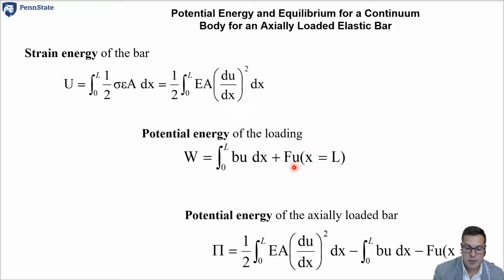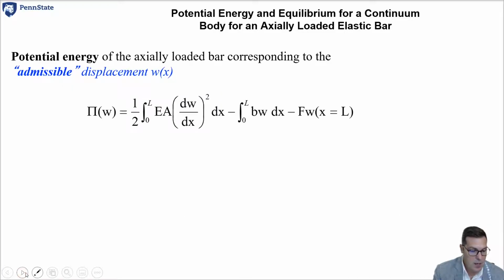Force times displacement at x equals L, so at the end where we're applying the force. Note that we dropped the minus sign off. We had the minus sign before as the work done by external loading. However, we do pop it back in down here when we write the total potential energy of the axially loaded bar, given there with the minus signs.